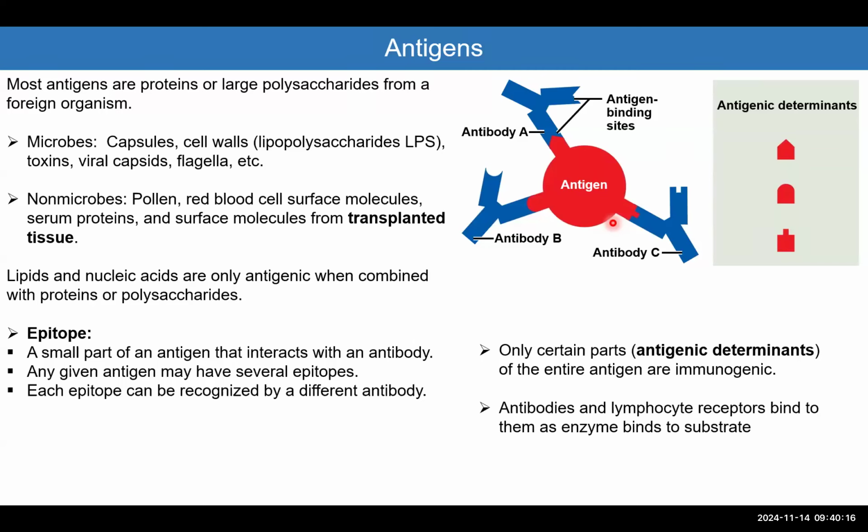In this case, I'm giving an example here, the large polysaccharide, which is mostly on the bacteria. These are foreign to your body, so your immune system recognizes that these antigens do not belong to your body.